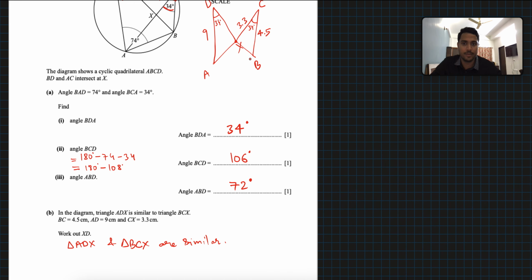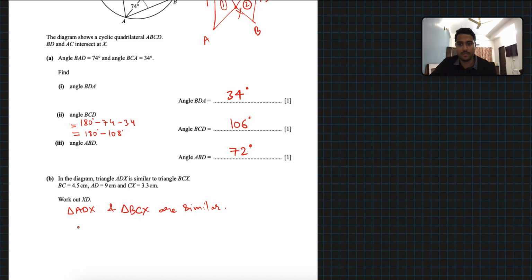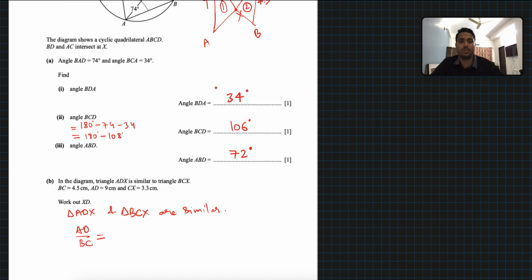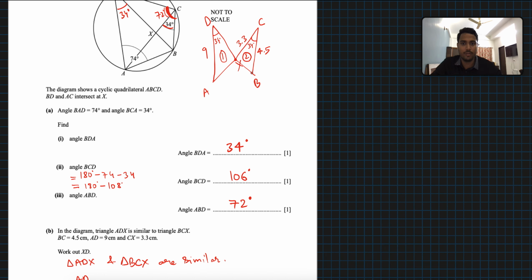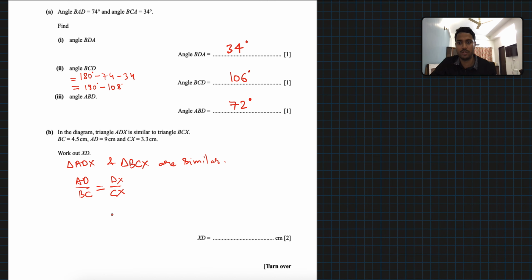So basically, if this is the first triangle and this is the second triangle, I can mark this as AD by BC, which is equal to DX by CX, because they are similar. Now substitute the values.